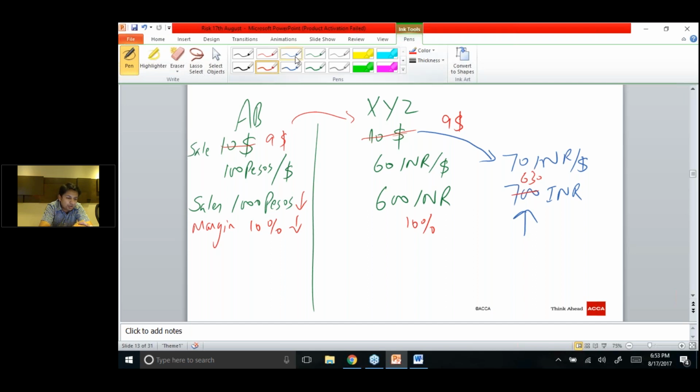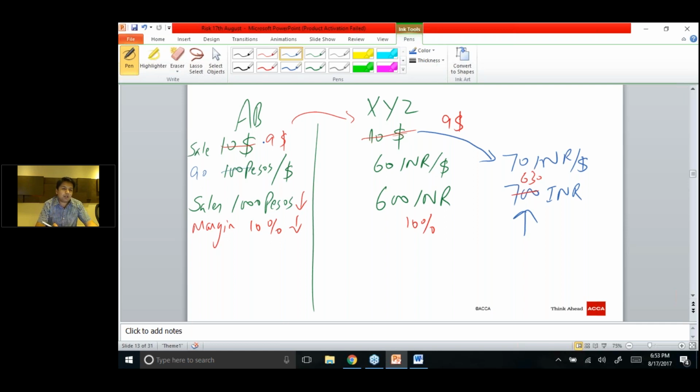Let's suppose your own currency gets appreciated to 90 pesos per dollar. Your sale will go down. So if your competitor's currency depreciates or your own currency appreciates, you will face loss. That is economic risk.